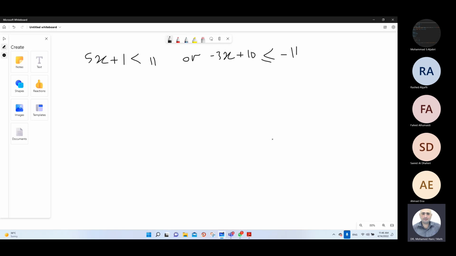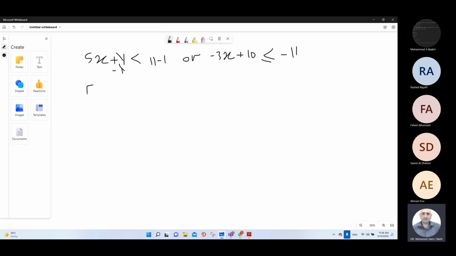Listen very well, focus with me. To solve the compound inequalities union, the first step, solve the first inequality. How to solve the first inequality? Try to remove 1 from this side. So you can add the inverse, minus 1 here, minus 1 here. So 1 and minus 1, 0 remains.